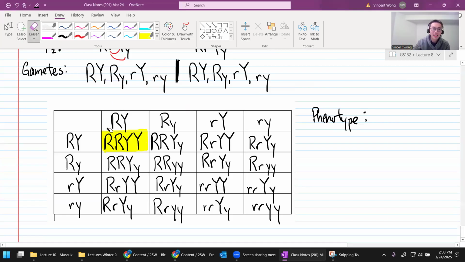Yellow. That's right. This is round and yellow. I want you to find all the round and yellow on this table and highlight them. If you're not sure, maybe use pencil, check it off first. For example, this one is also round and yellow, right? Go highlight all the round and yellow and let me know how many.